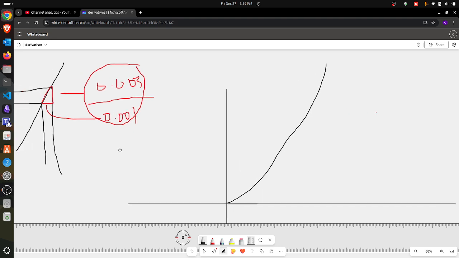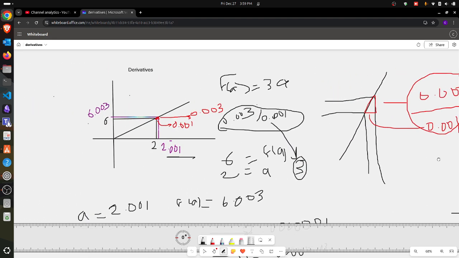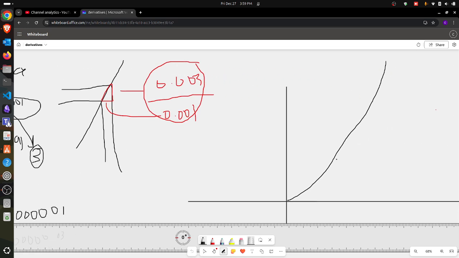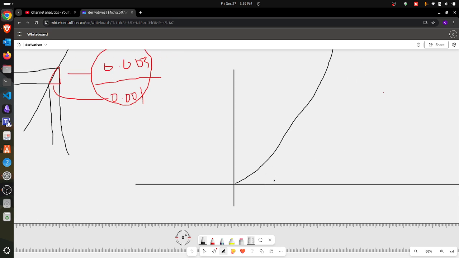When we looked at the previous function, the rate of the slope, or derivative, used to be similar. Anywhere you took the slope, it was going to be 3. But in this case it is going to be different. So let's dive in.